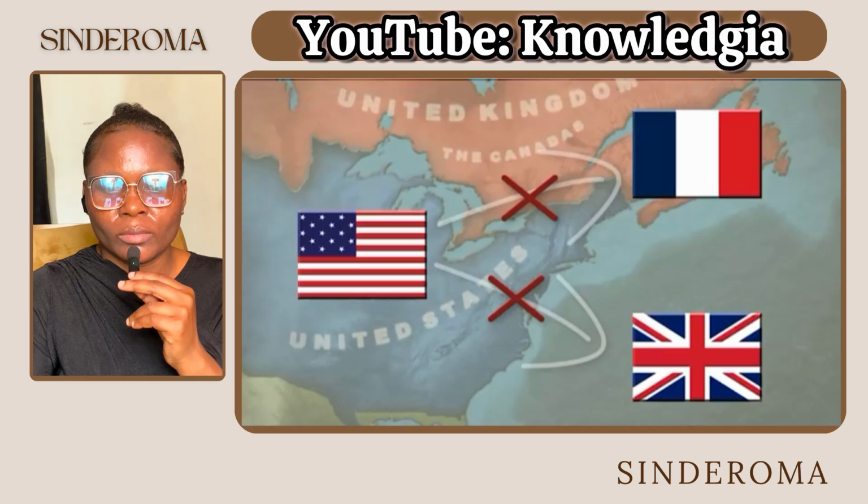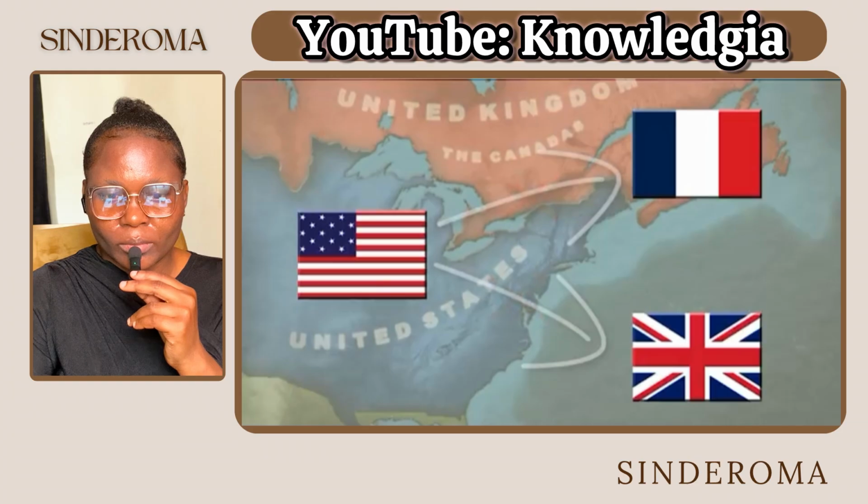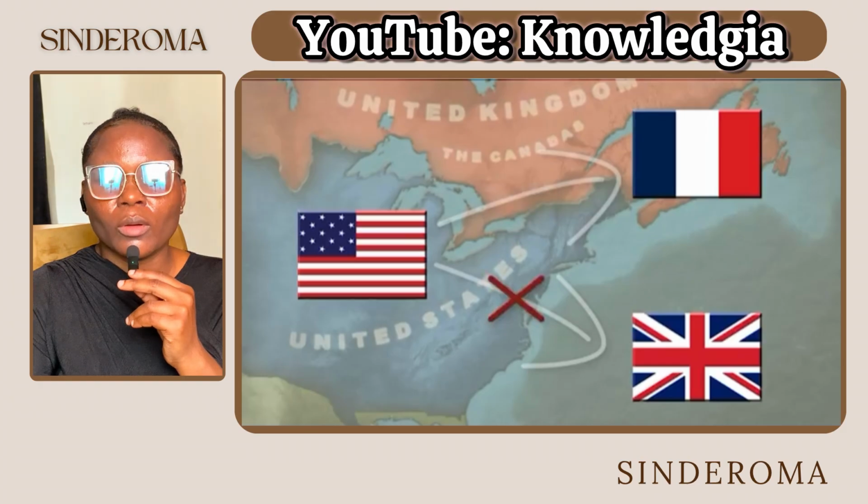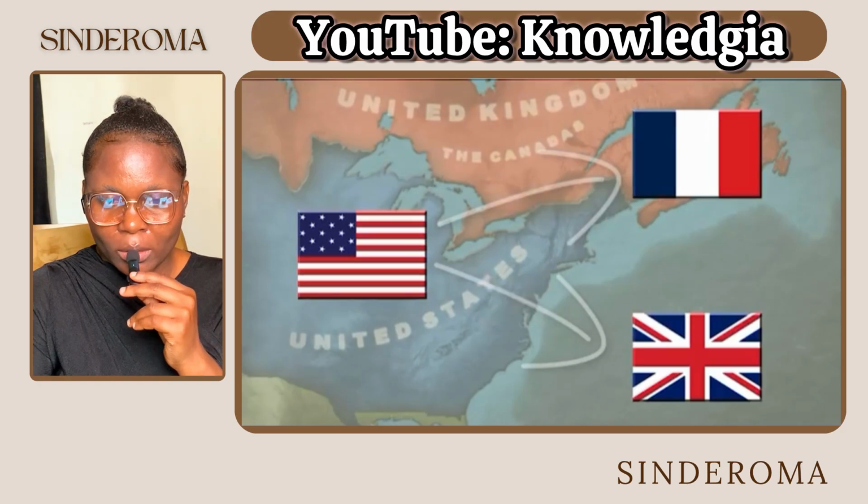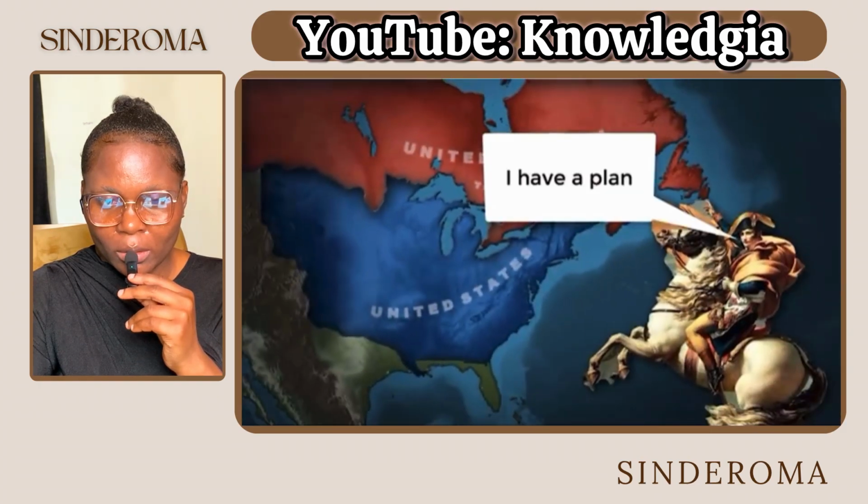This bill lifted trading bans and stated that if either France or Britain removed their own restrictions, the U.S. would re-establish an embargo with the opposing nation. By August, Napoleon enacted a plan to exacerbate tension between Britain and the United States, and it ultimately worked.